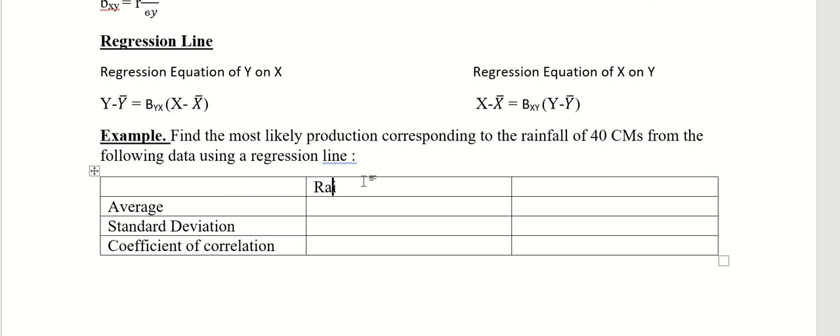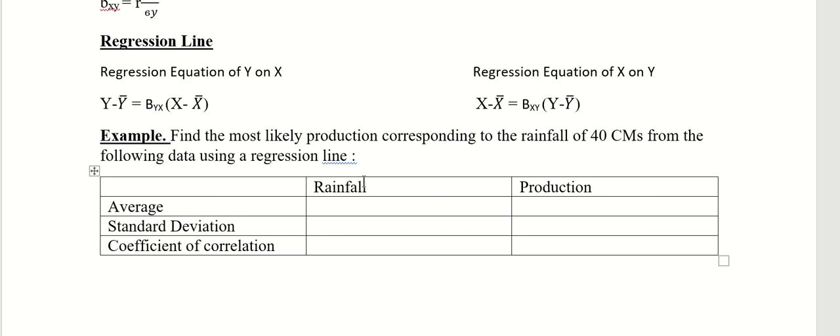So one of the variables is rainfall and the other variable is production. We have two variables, rainfall and production. One of them is the independent variable and the other one is dependent.